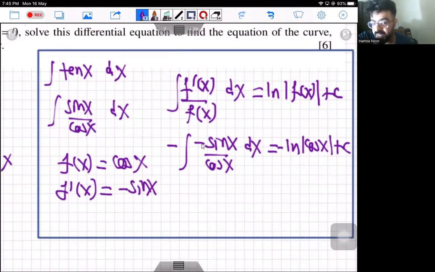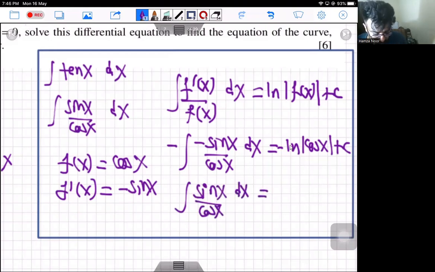Now I can say that the integration of sin x over cos x with respect to x is minus ln cos x plus c.